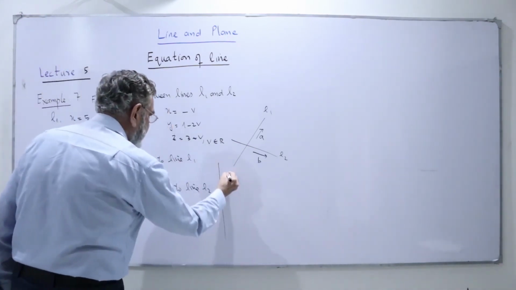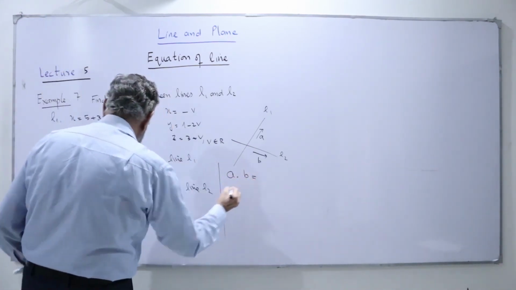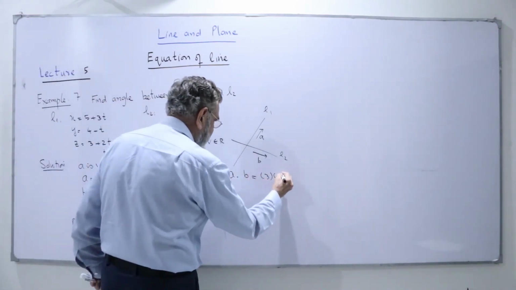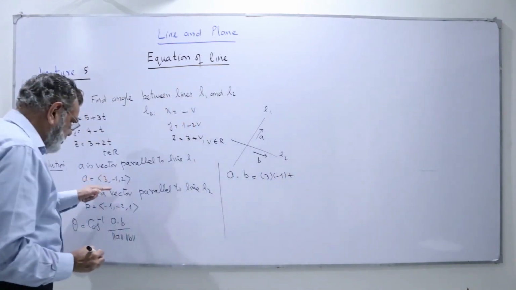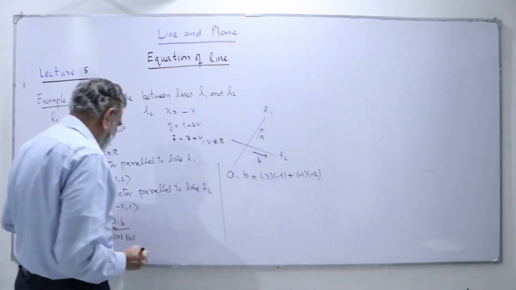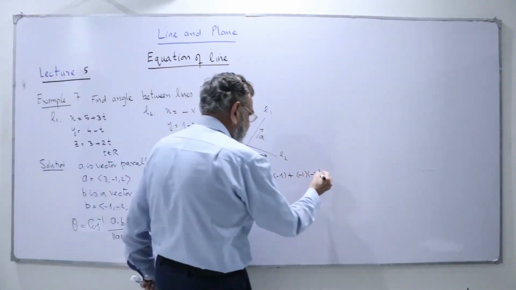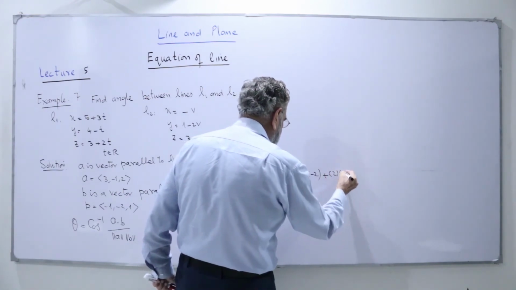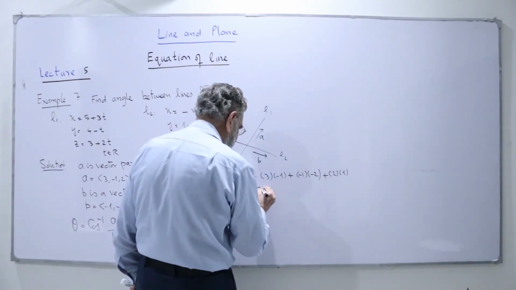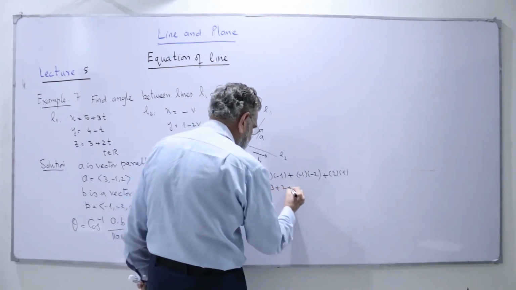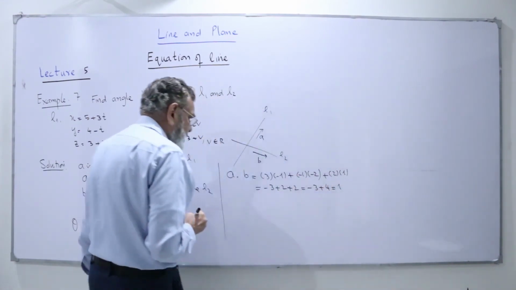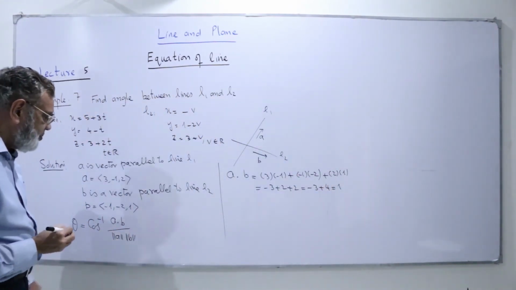I have A dot B, the dot product of these two vectors, equal to 3 multiplied by -1, plus -1 multiplied by -2, plus 2 multiplied by 1. So this is equal to -3 plus 2, that is -3 plus 4, and that's equal to 1.